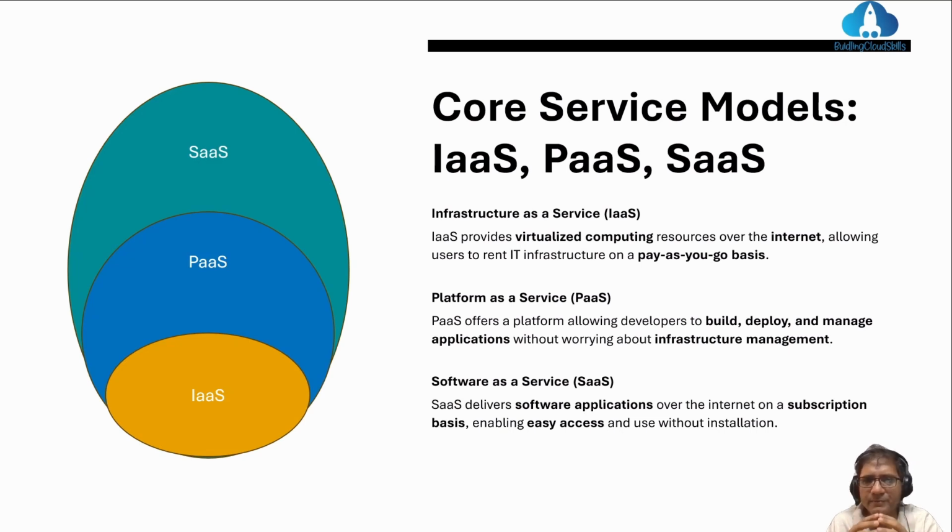Here billing is based on the amount of time we run resources. If the server is on for a day, we pay for that day, or if we run it for an hour, we pay for the hour. Depending upon the amount of time we consume, we pay for it. But the entire infrastructure is given to us as a service over the internet. That's infrastructure as a service.